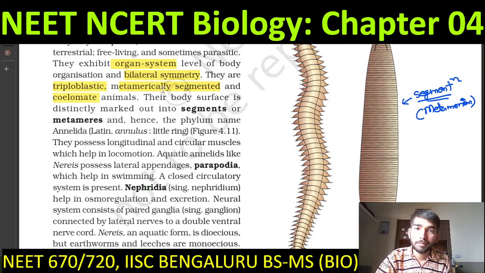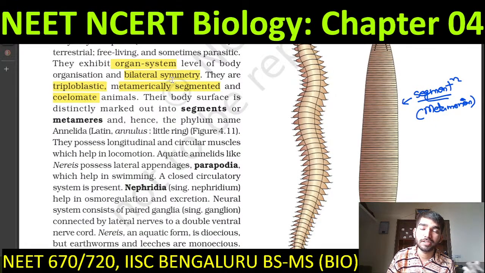Coelomate. This is important. So from acoelomate platyhelminths, we came to pseudocoelomate, ascalminths, to now the true coelom containing annelids, or true cavity. It's not empty.